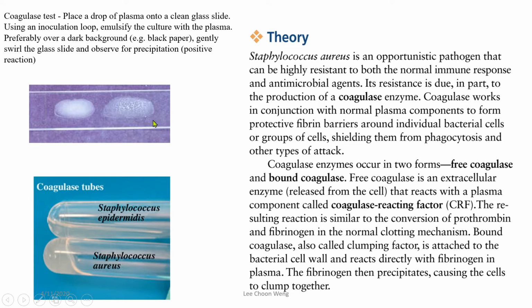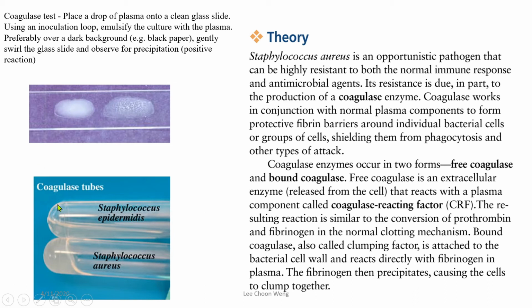If there is coagulation, a positive reaction, the bacteria will be clumped and you can see particles of clumping of bacteria here. This is negative, where the bacteria looks like a smear.